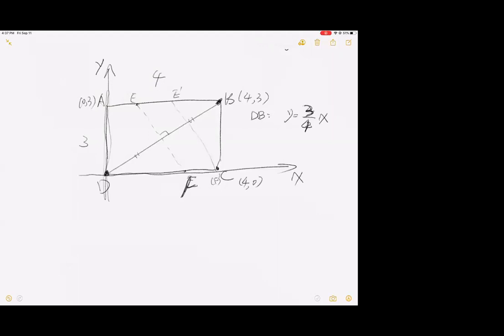Then I tried to find the equation for line EC. EC or EF is the same line. So then I will do E prime C.